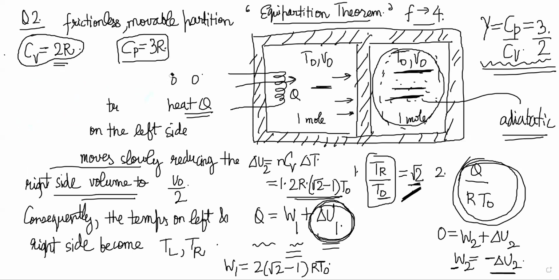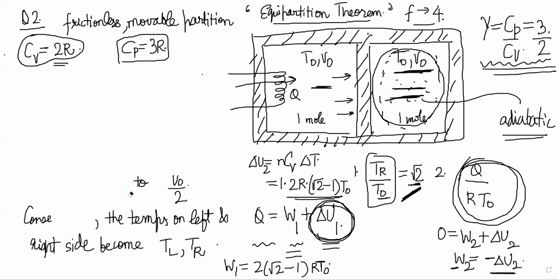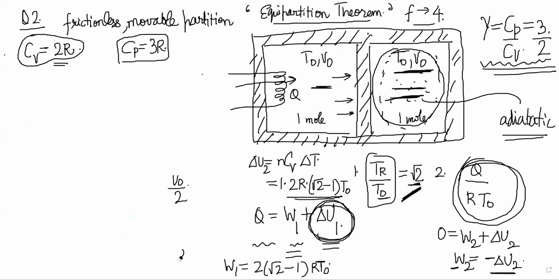See, using PV equals nRT, we can see here that pressure is proportional to T by V, right? So pressure is proportional to T by V. Notice that for the second part, temperature has become root 2 T naught and volume has become V naught by 2, right?